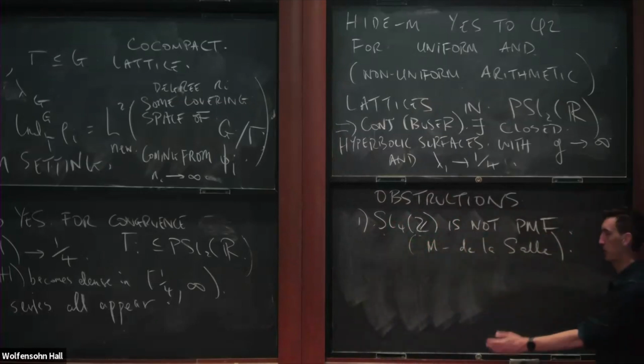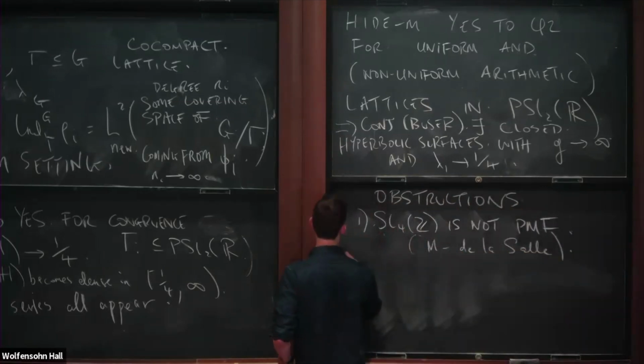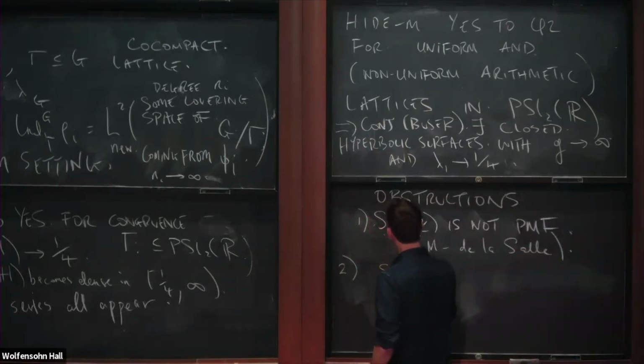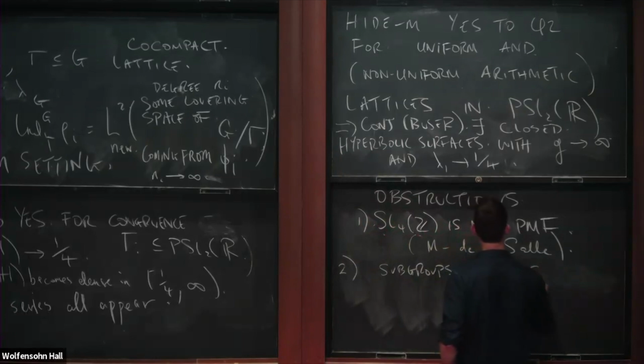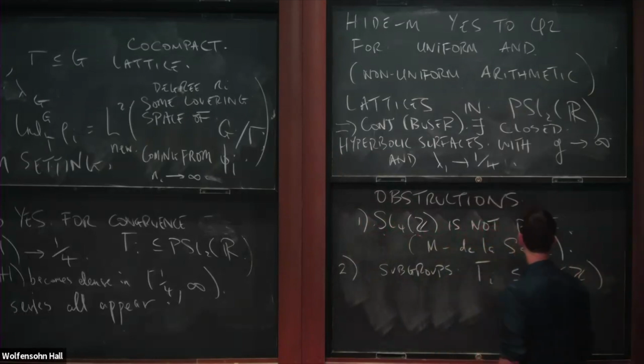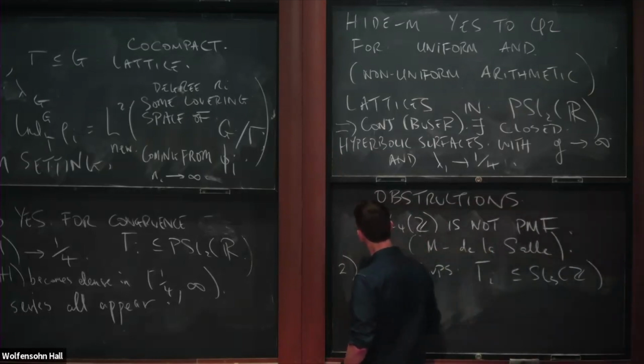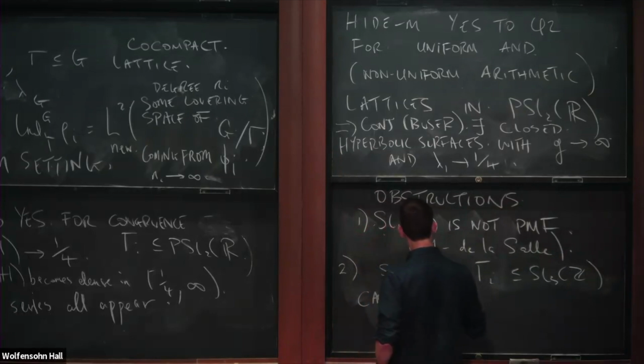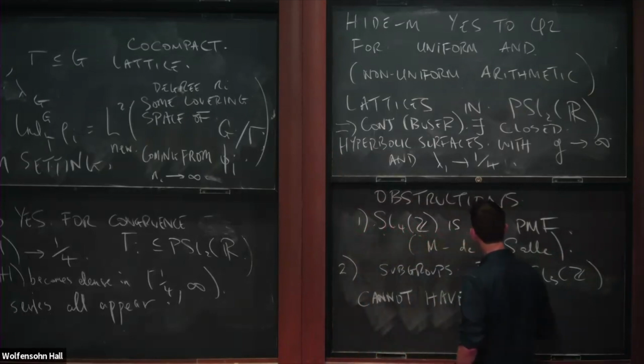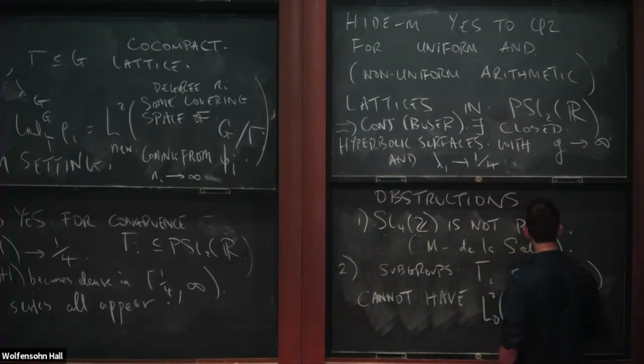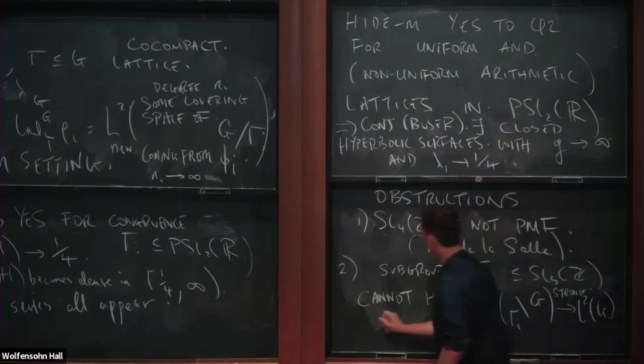And then there's an example that Peter told me that says that subgroups gamma I inside SL3Z cannot have L2 of G mod gamma I converge strongly to L2 of G, where G is SL3R.